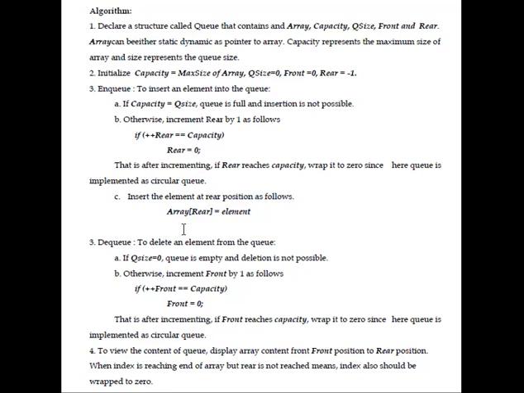Dequeue means we delete an element from the queue. We check if the queue is empty, in which case deletion is not possible. If the queue is non-empty, we delete an element from the queue through the front part.